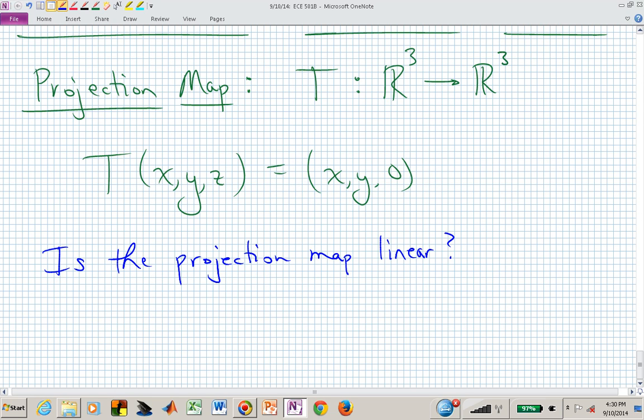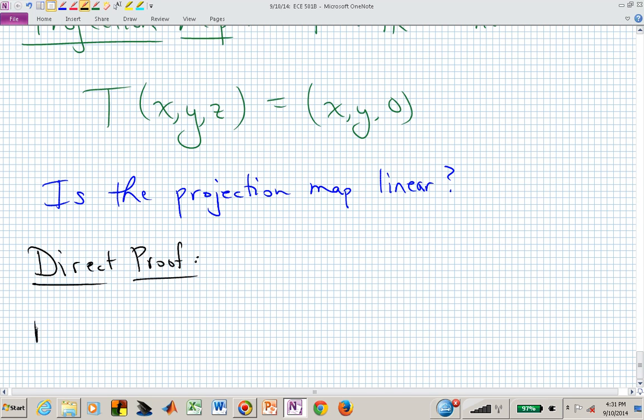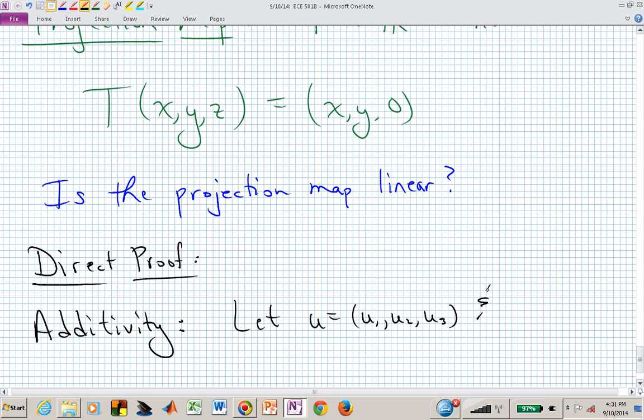Well, if we do a direct proof, for example, for additivity, we could say let U be U1, U2, U3, and let V be V1, V2, V3.